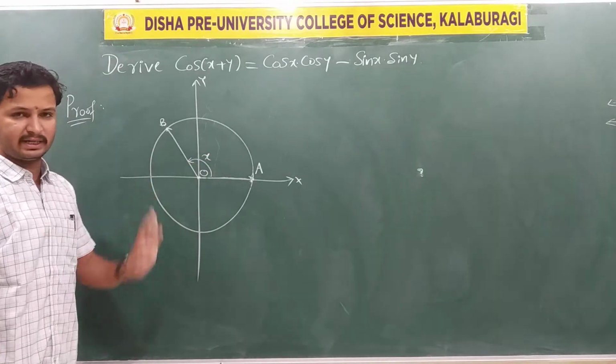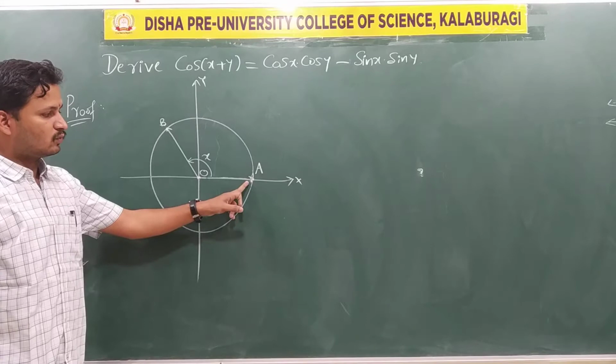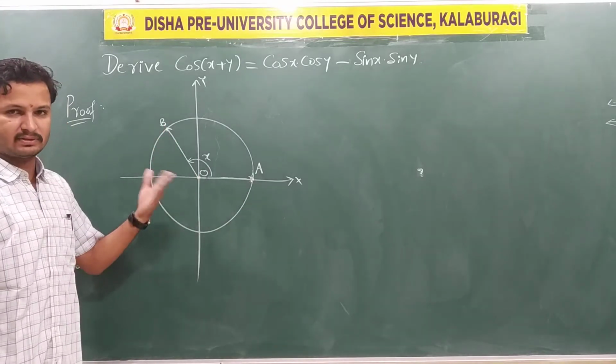Maybe in degree or radian. So the angle made by initial line OA to get the terminal line OB is X radian or X degree.